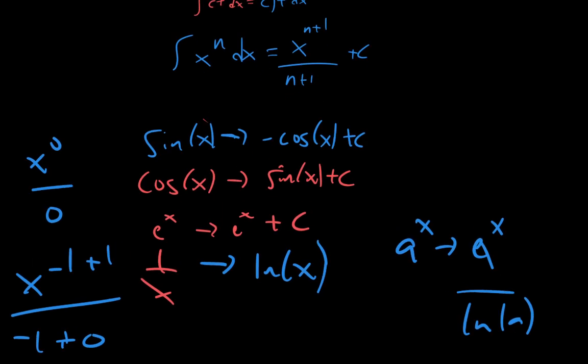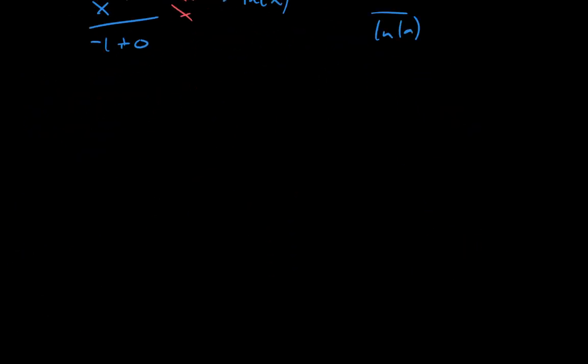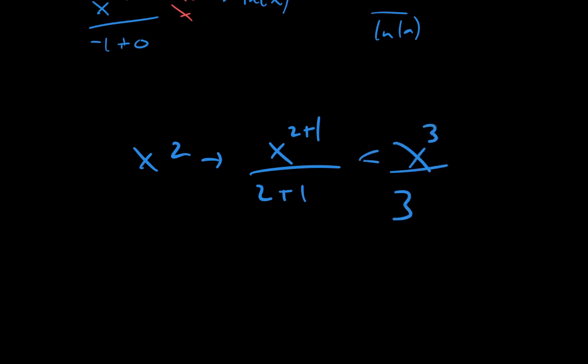The basic power rule is right here. For example, if we have x squared, if we take the integral of that, it's x to the 2 plus 1 over 2 plus 1, x cubed over 3. We can also do square roots.